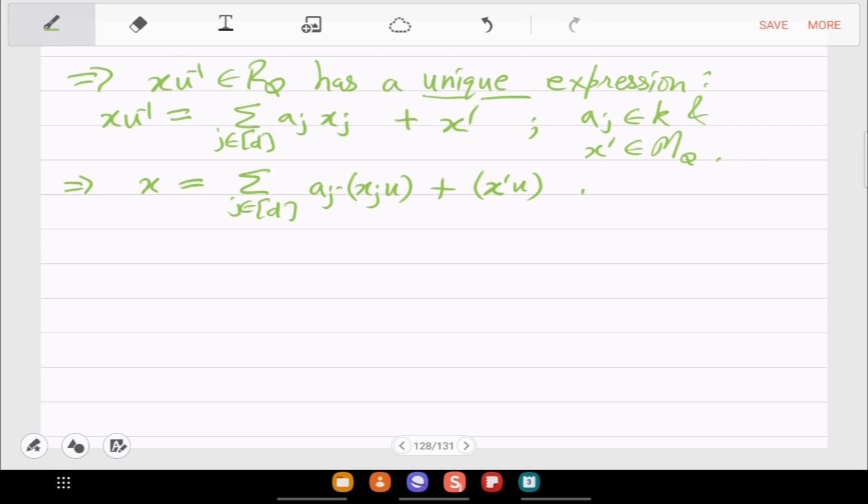Right, so now we have to understand where x_j u and x prime u are. I want to show that they are in the L d sheaf, which would give you a basis in the L d sheaf. So let's check that. Where is x prime u, for example? The valuation of x prime u is what?